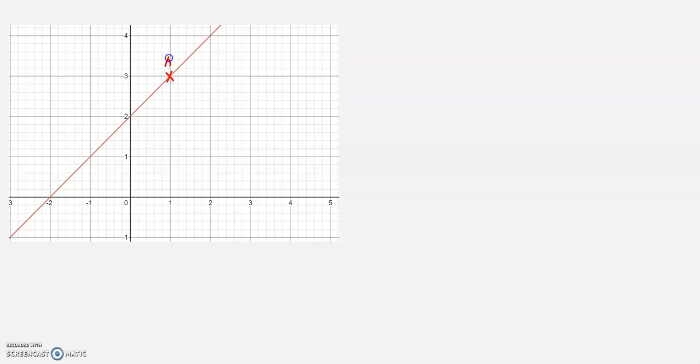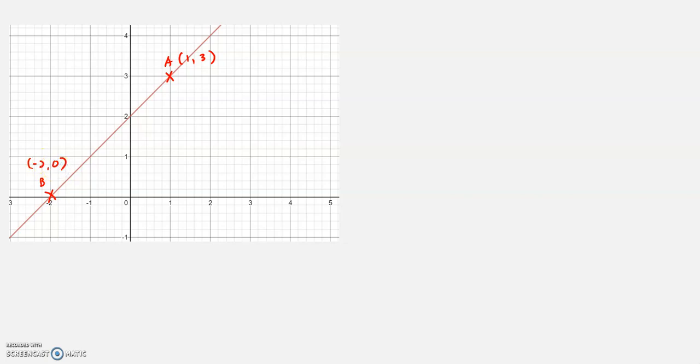Let me call this A, and by writing its coordinates, I know A is (1, 3). Let me choose this other point and call it B. The coordinates of this point are (-2, 0).